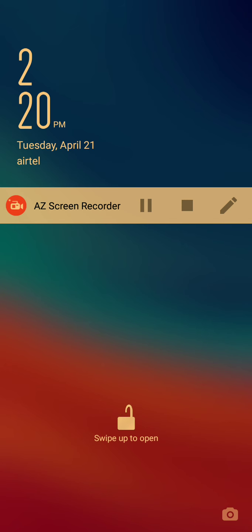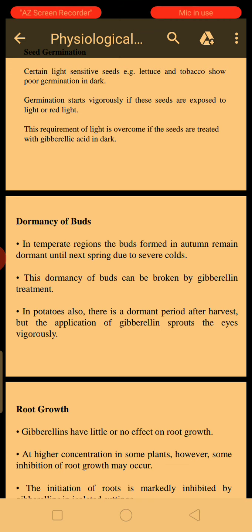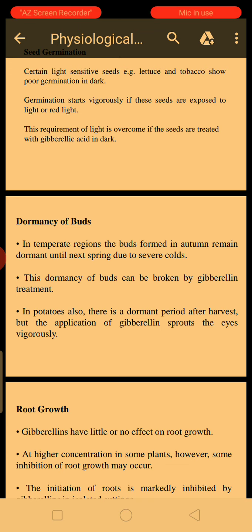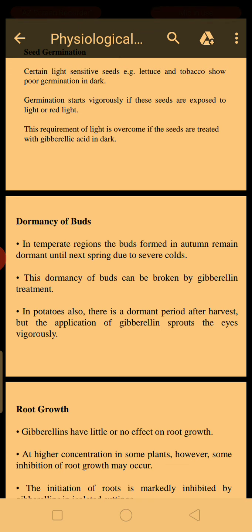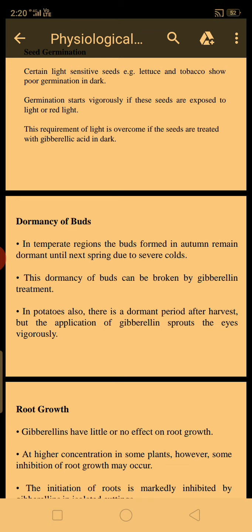As we know, the potato has nodes. A node means an auxiliary bud, a modified shoot, or you can say a condensed shoot. The shoot has the capacity to grow up widely, so this can be enhanced or broken by gibberellic acid.